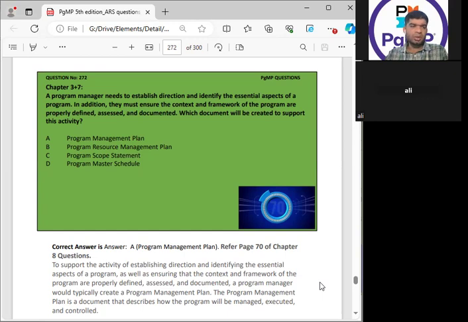So in that case, if they are talking specifically about intended direction, and the options are the management plan and the roadmap, I'll go with the roadmap first. Okay, clear.